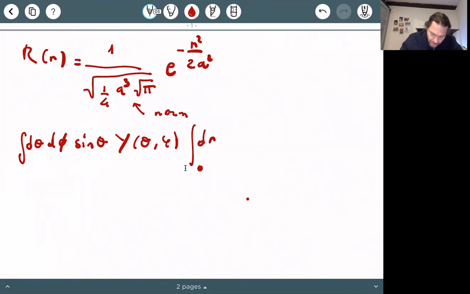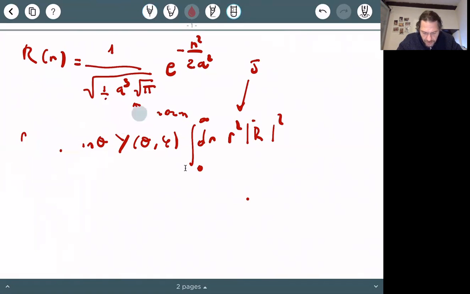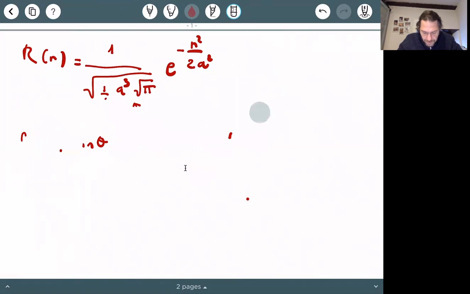Integral dr from 0 to infinity, r squared. This comes from the Jacobian, of |R|², right? So if you do this check, you discover that this normalization actually works. So with this normalization, my radial wave function is actually well normalized.